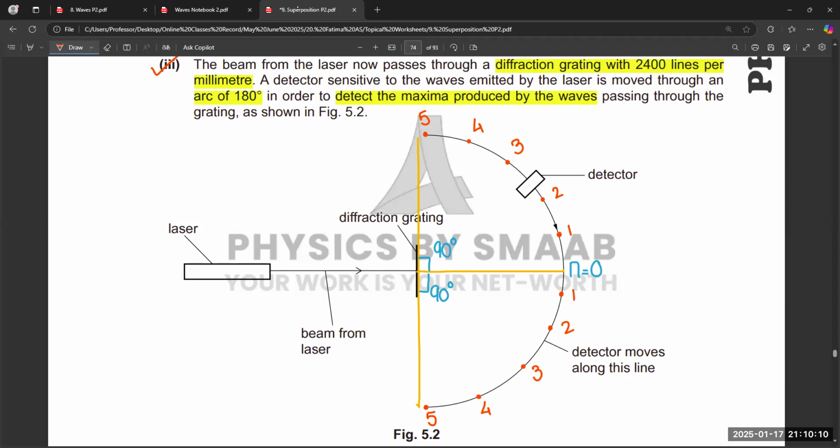So you can see 5 on one side, 5 on the other side, 1 in the middle. So there are a total of 11 maximum orders, right? 5 on one side, 5 on the other side, 1 in the center, so equal to 11 orders.